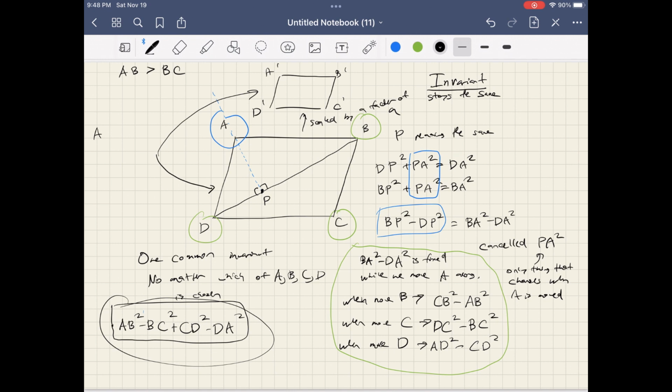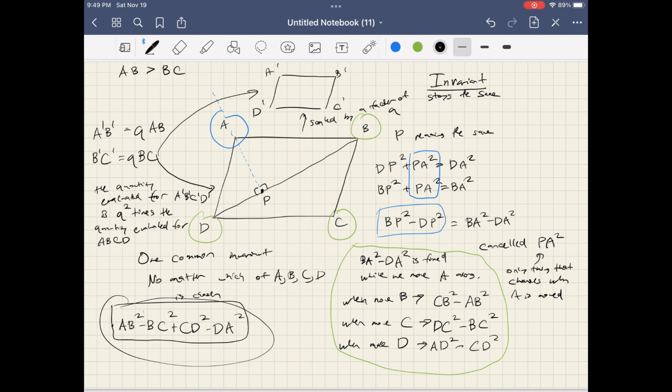However, since A prime B prime is Q times AB, and B prime C prime is Q times BC, basically what we found is that the quantity evaluated for A prime, B prime, C prime, D prime is Q squared times the quantity evaluated for A, B, C, D, right?